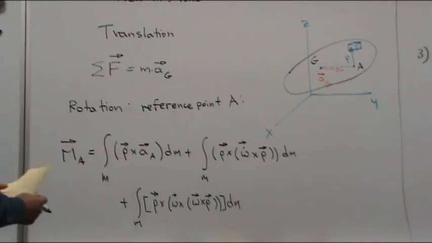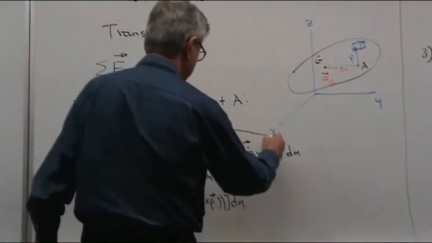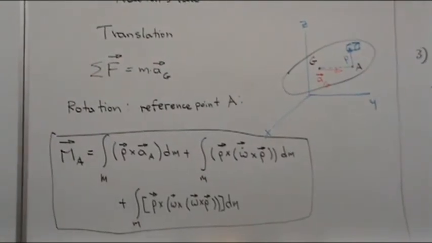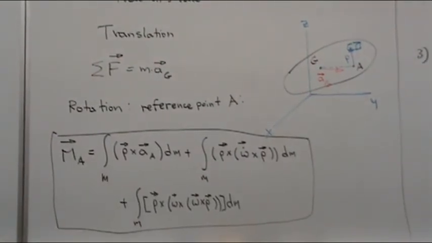So this is the equation, Newton's law, and as you can see, it's pretty nasty. Now, let's see how we can choose the reference point strategically to make the equation simpler.